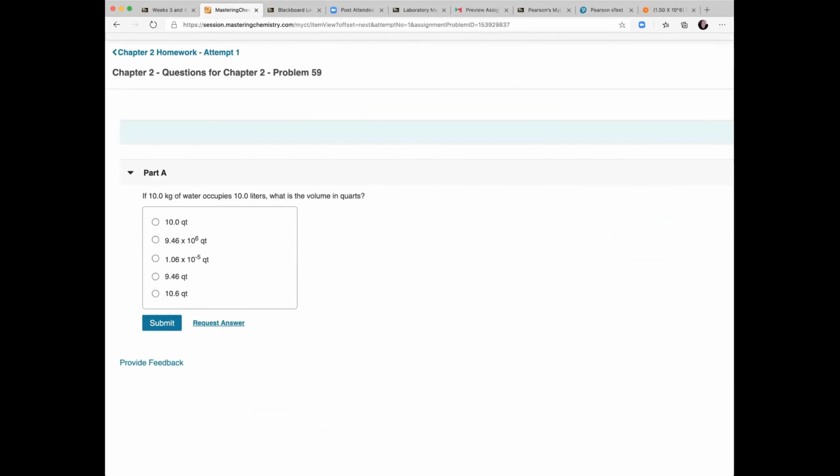Now, the conversion factor procedure that we just went over in the first hour works really well also for when you need to make conversions between different systems of units of measurement. So I'm talking about the English system now.